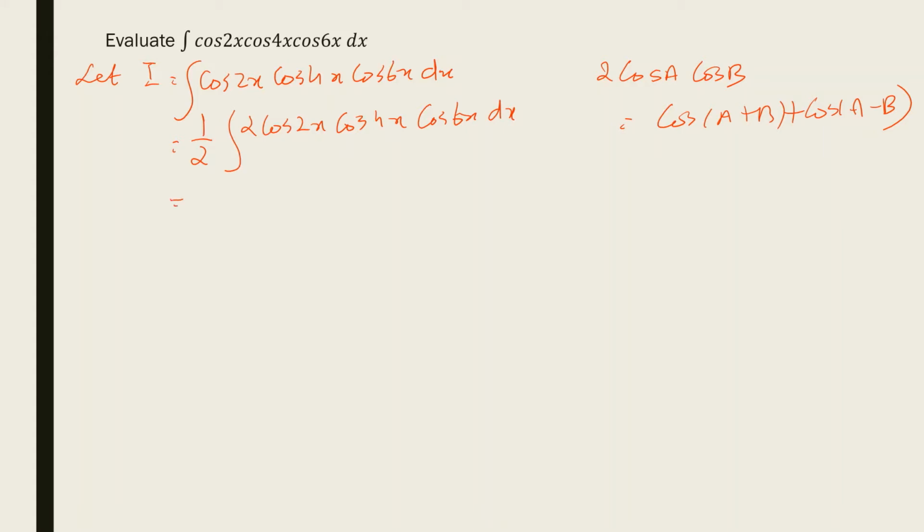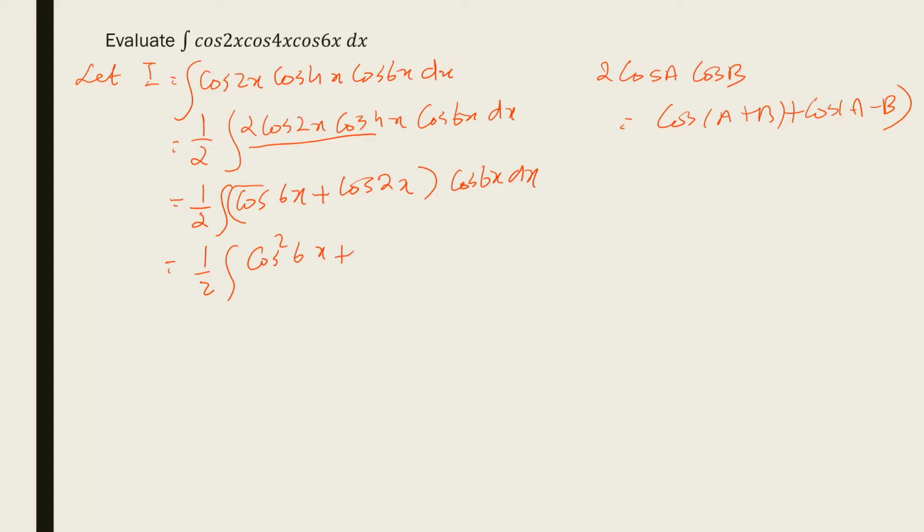Now applying the formula, 2 cos A cos B is cos(A plus B), 2x plus 4x is 6x, plus cos(A minus B), which is cos 2x, into cos 6x dx. Now we can open the bracket: cos 6x into cos 6x is cos²6x, then cos 2x cos 6x dx.